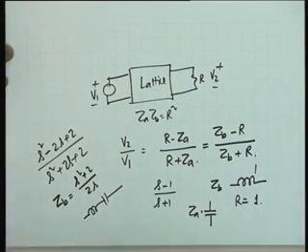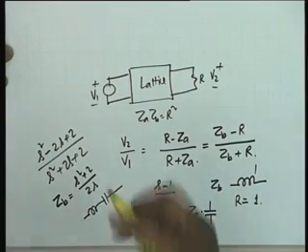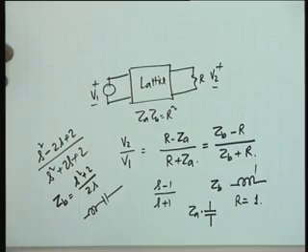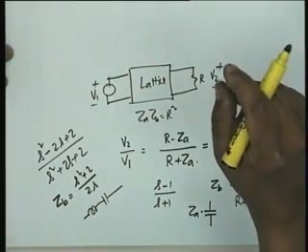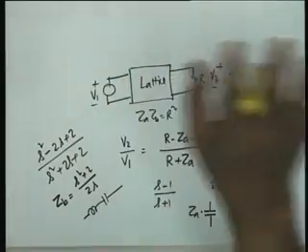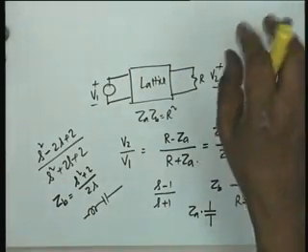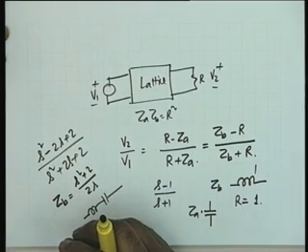And what would be ZA? 2s by s squared plus 2. ZA would be simply the reciprocal of this, which means a parallel combination of an inductor and a capacitor. So, the synthesis, no other calculation is needed. It should be obvious by inspection. All right. We will do a few problems in the problem session.